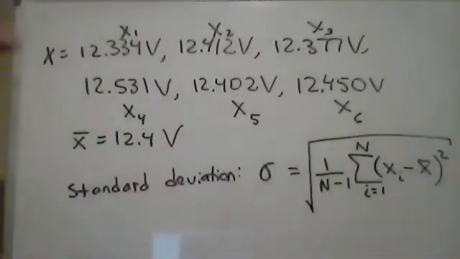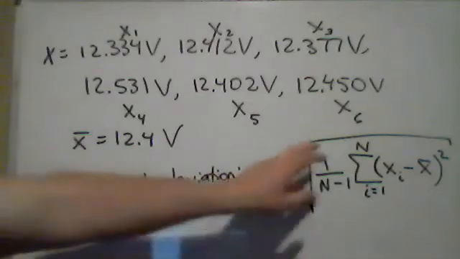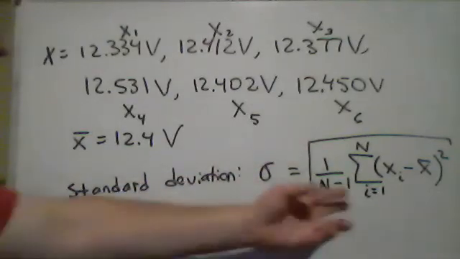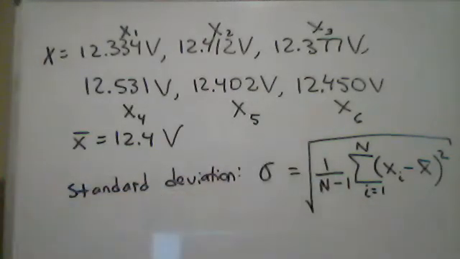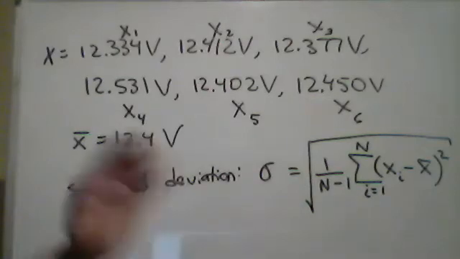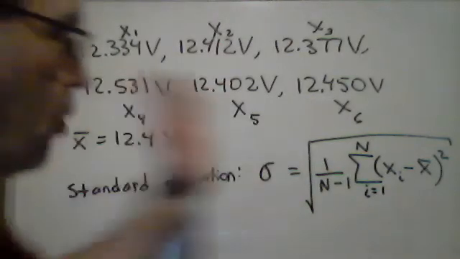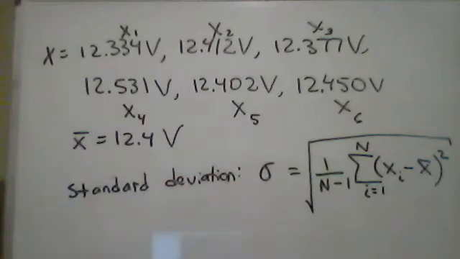I get a sum, and then I divide by, what am I going to divide by? Well, I'm going to divide by 5, right? 6 minus 1. I get some value, and then I take that value in my calculator and take the square root of all that, and I get the standard deviation. It really is a measure of how my data deviates from the mean.